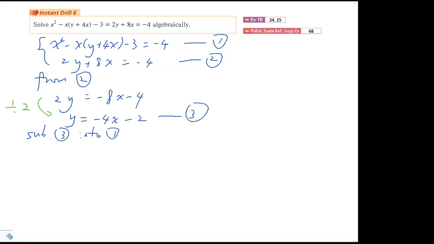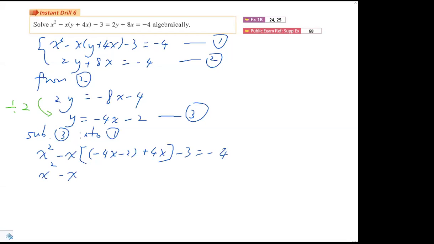Okay. Equation 1 is x squared minus x times the square bracket, where y becomes -4x minus 2 plus 4x. Okay, and then minus 3 is equal to -4. And then we simplify the square bracket first. Okay, so x squared minus x.